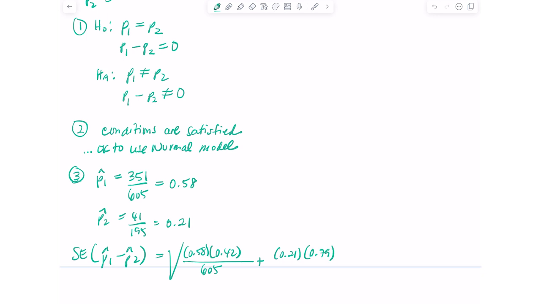And then I'm going to divide by the sample size for the smokers. Be really careful typing this in, but when you do, you should end up with 0.035 for your standard error.